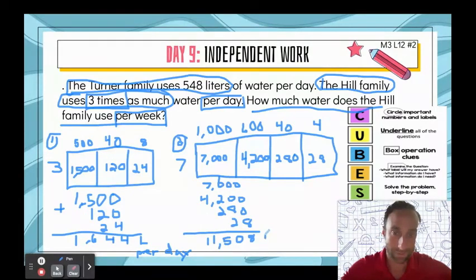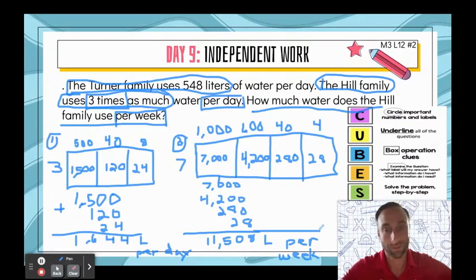So liters per week. And I'm going to circle my answer so that it's very visible here.